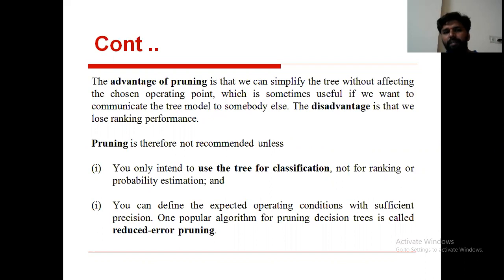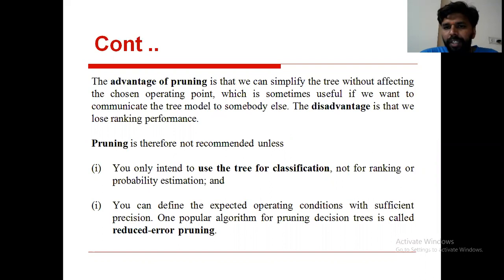When is pruning recommended, and when is it not recommended? Observe this. Pruning is recommended only if you intend to use the tree for classification, not for ranking or probability estimation. If you want to perform only classification by using the tree, then you go for pruning. If you want to perform ranking or probability estimation, don't perform pruning.